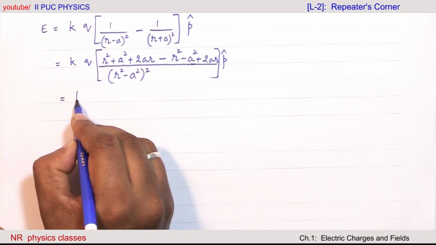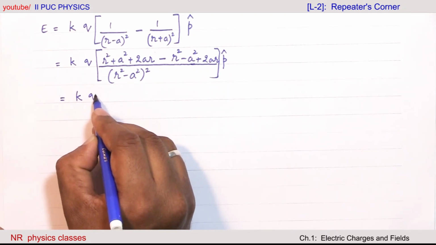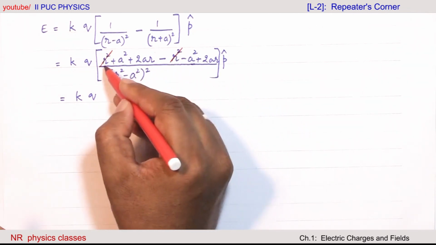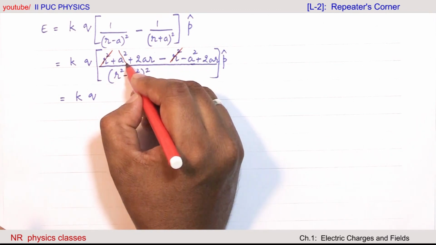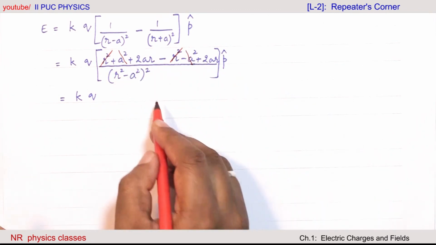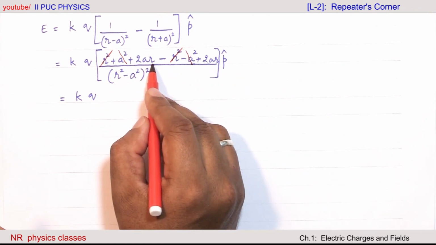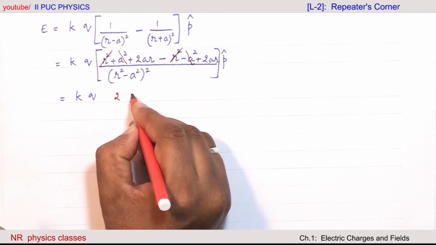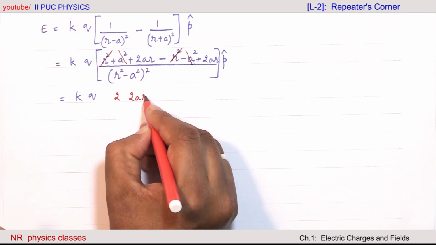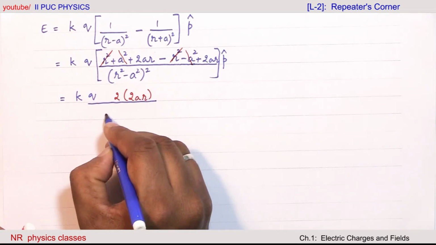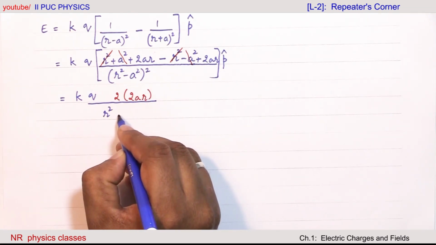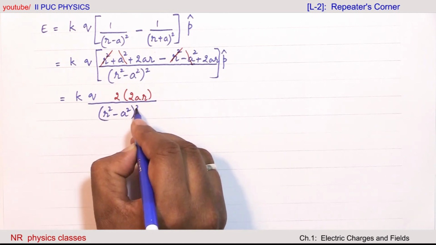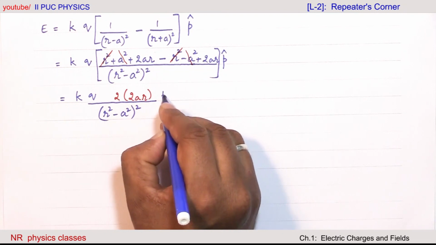Equal to constant Q, here minus R square plus R square cancels, A square minus A square, 2AR, 2 times 2AR divided by R square minus A square whole square into P cap.